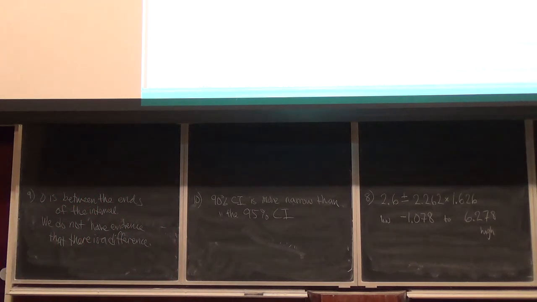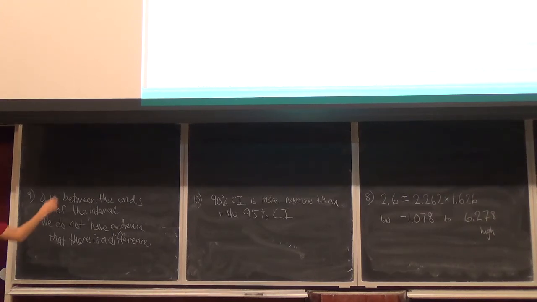Clarify number 9 one more time. Number 9? Yes. So we're asking, do we conclude that there is a difference between the average weight gain? Okay, so this reflects on mu1 minus mu2.